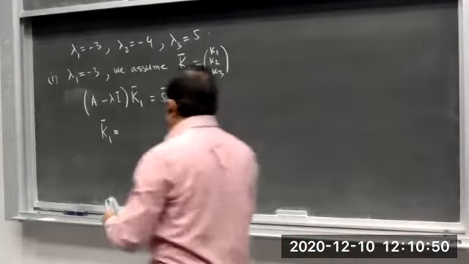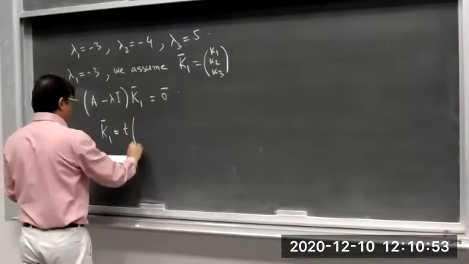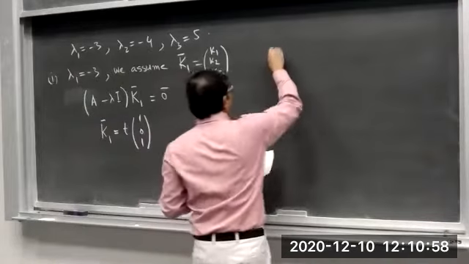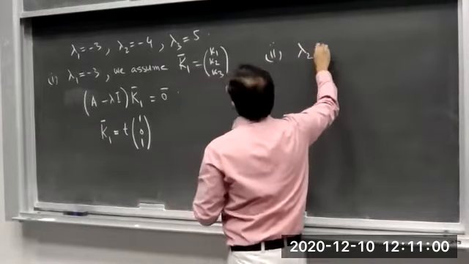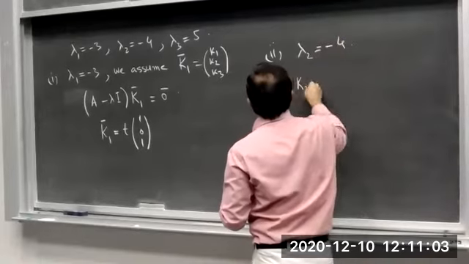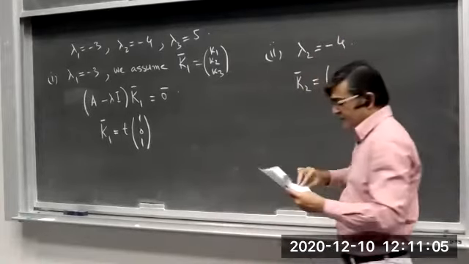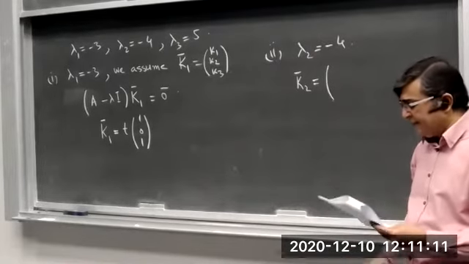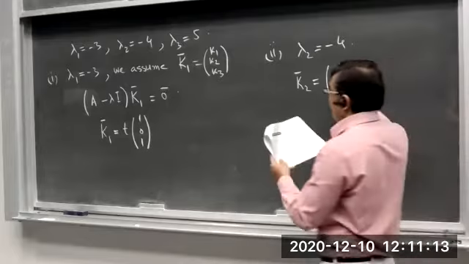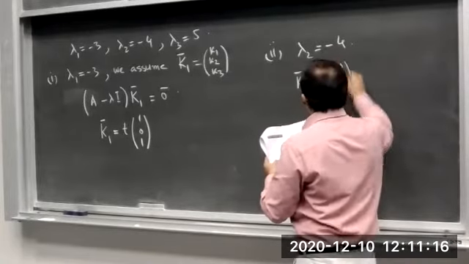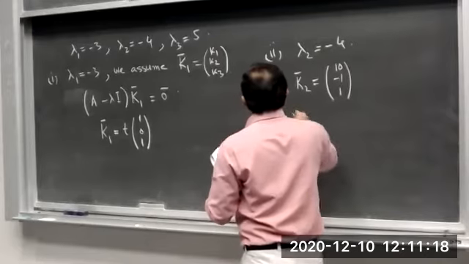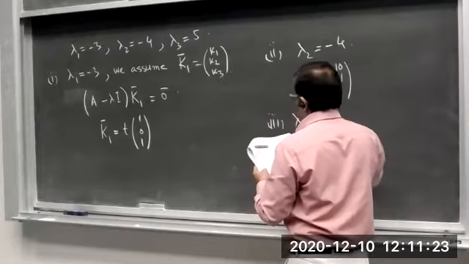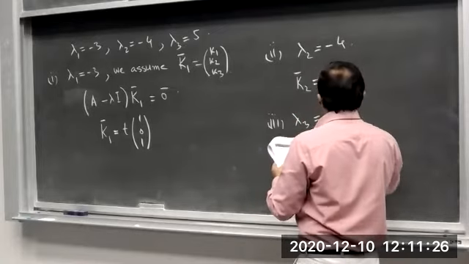So K1 is 1, 0, 1, and corresponding to lambda 2, which is -4, we obtain K2, which I hope you can find. I have explained how to find these vectors in the previous lecture. It is 1, 0, -1, and corresponding to lambda 3, we obtain K3, which is 1, 8, 1.